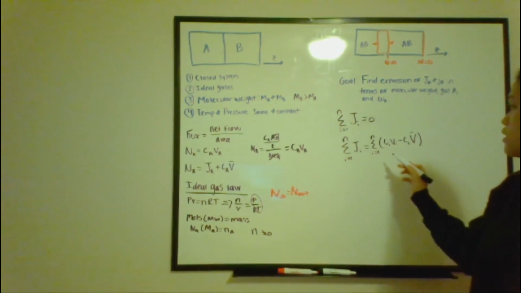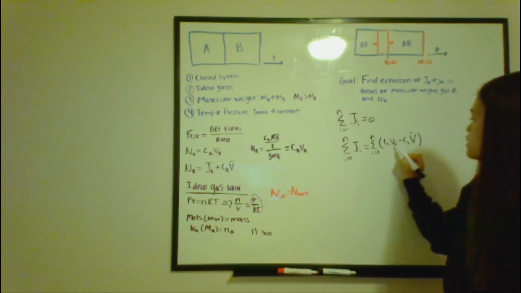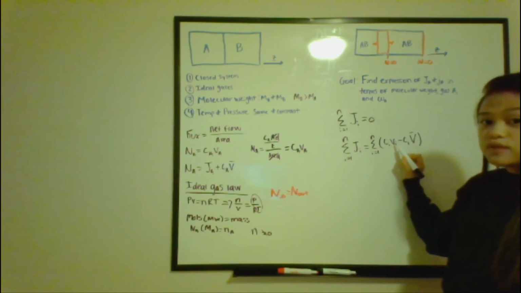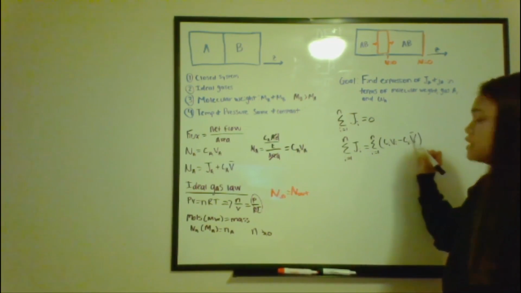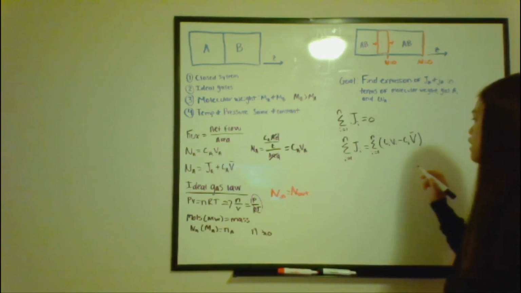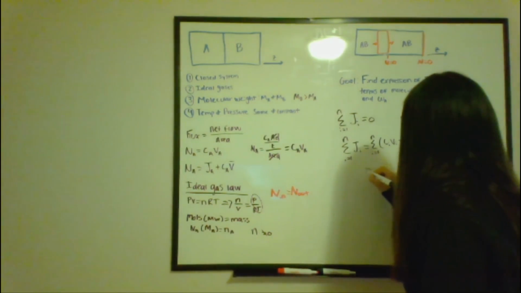The summation of the molar concentration times the molar average velocity minus the molar concentration of I times the net molar average velocity. Well, we can rewrite this expression in another form.